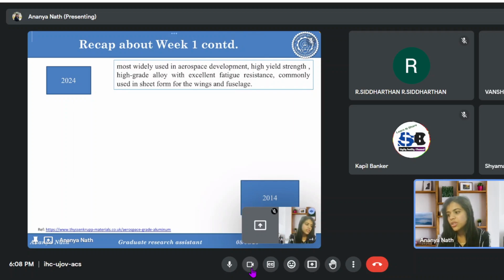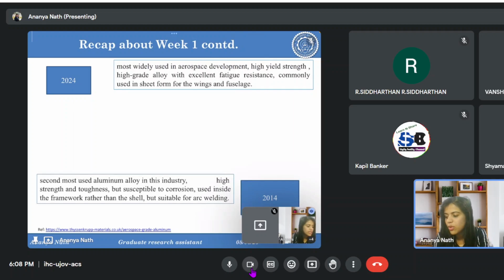The 2024 is used for its high yield strength. It is a high grade alloy with excellent fatigue resistance, commonly used in sheet form for the wings and fuselage. Then 2014 is the second most used aluminum alloy in the aerospace industry.